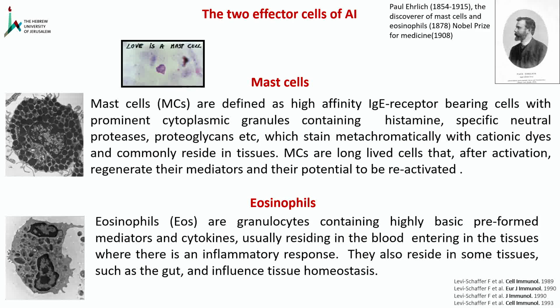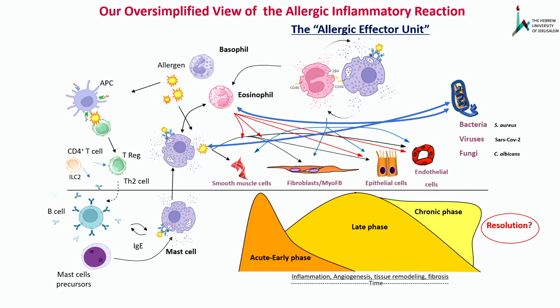So that led to the hypothesis that they might be important not only for the initiation of allergic inflammation, but also for the late phase and for its chronicity, when they meet mostly the eosinophils.